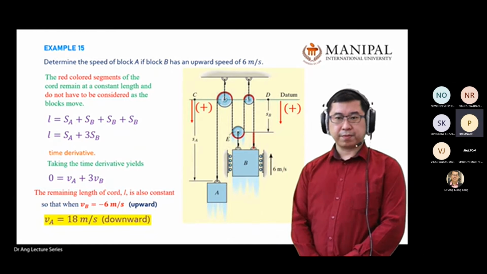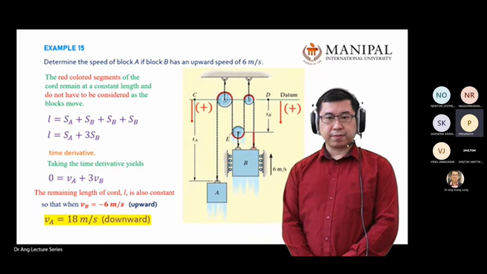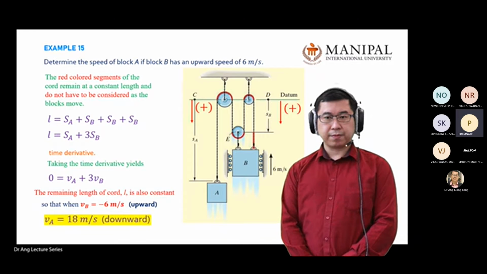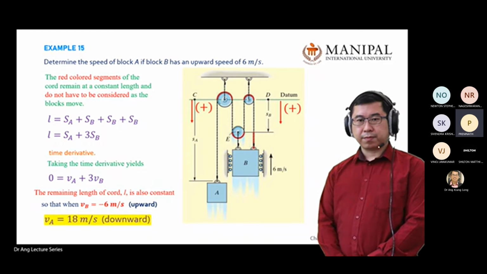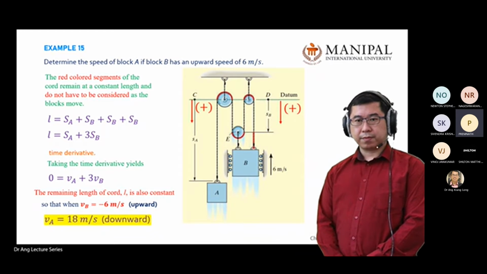No, sir. My question is, the direction from the datum for SB is positive, and the direction of the velocity from B is going upward, so it's negative. So why is the total length of the chord L equals SA plus 3SB?